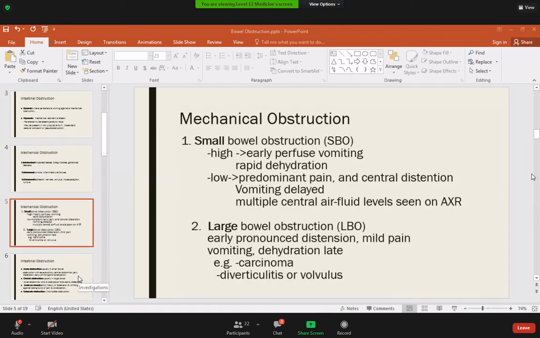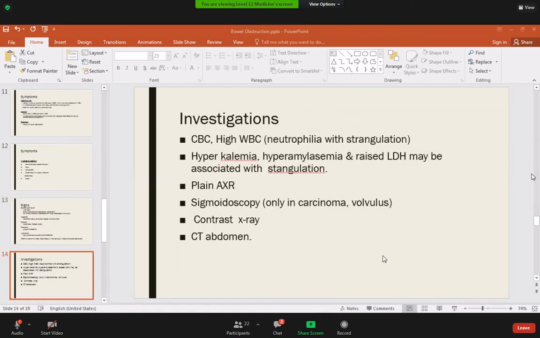additional things. Okay. If a patient presents to us with acute intestinal obstruction, we go for some investigations also. We go for a CBC, and that may show us a high neutrophil count because of the inflammation and ischemic insults.